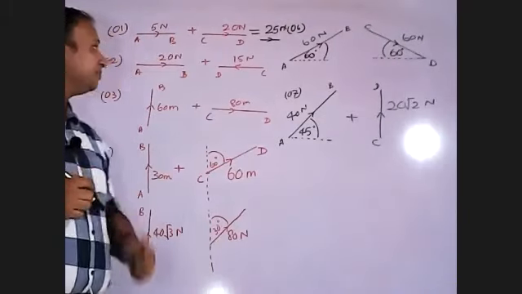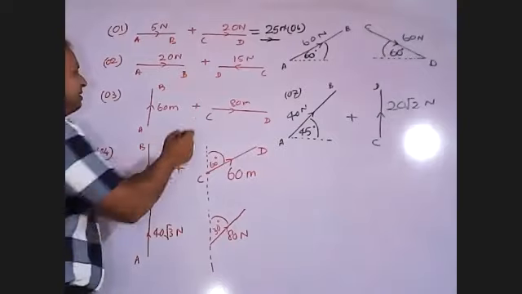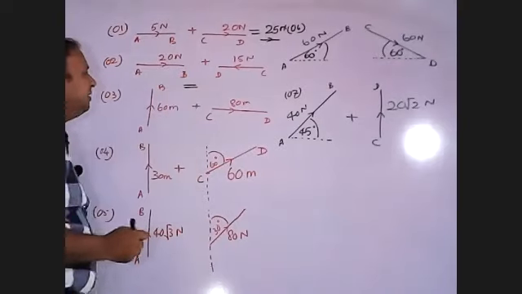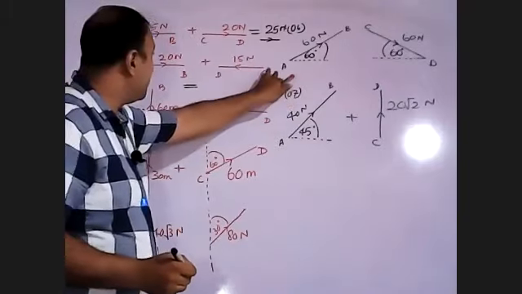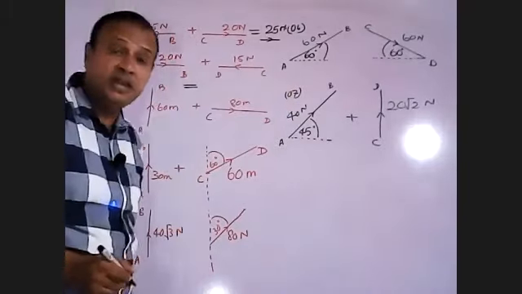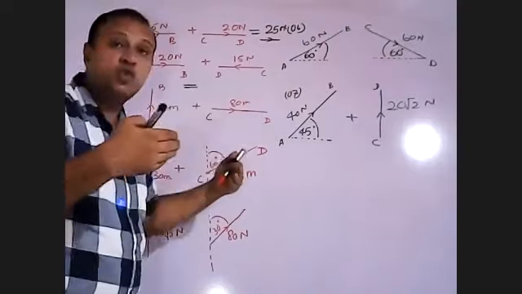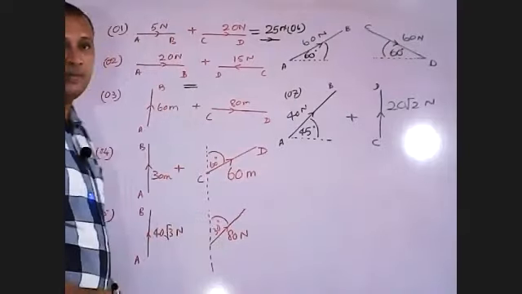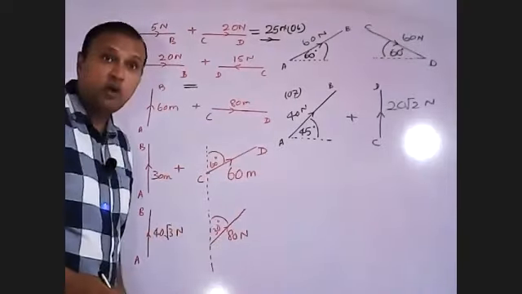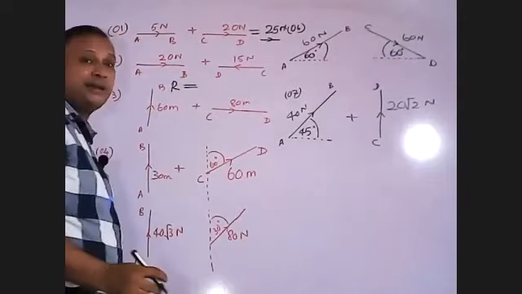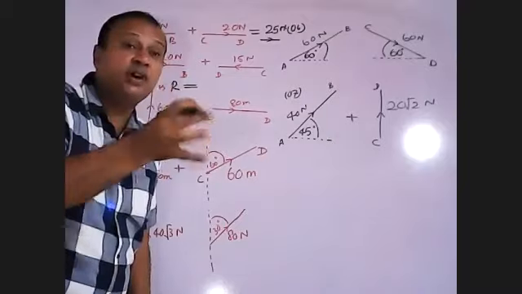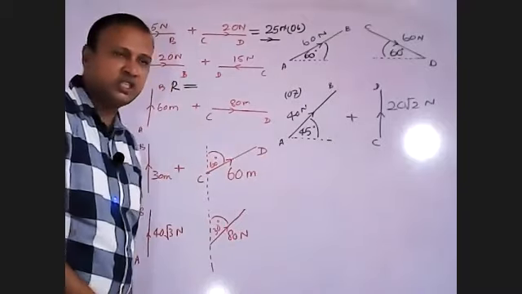Okay. The second thing, what is the answer? Look at this: 20 Newton in here and 50 Newton in here. Those two vectors are in opposite directions. So how to get the resultant force? The magnitude is equal to the difference between those two forces.